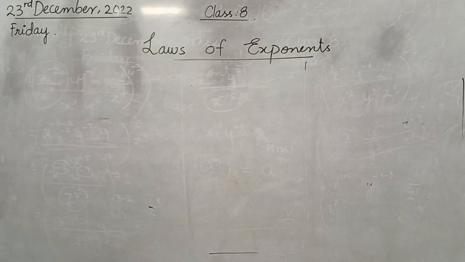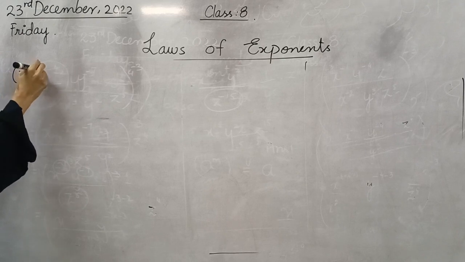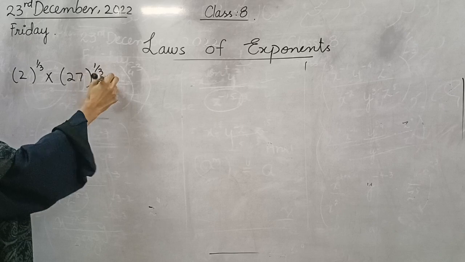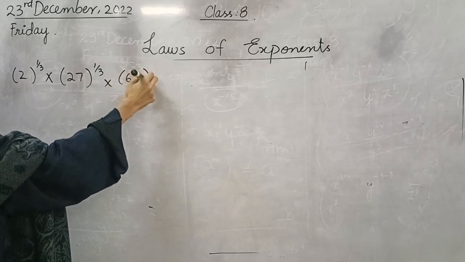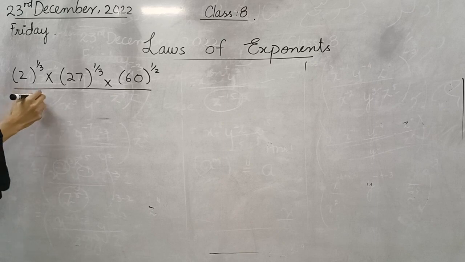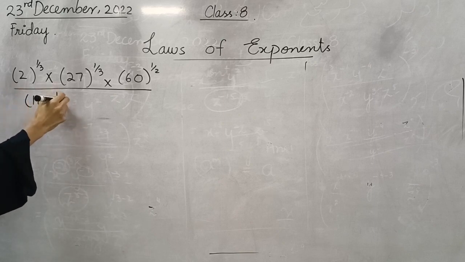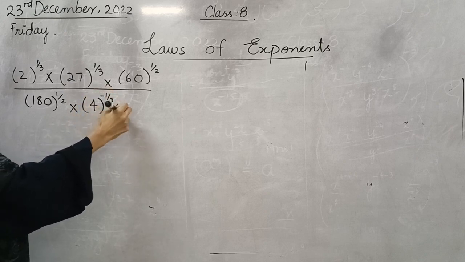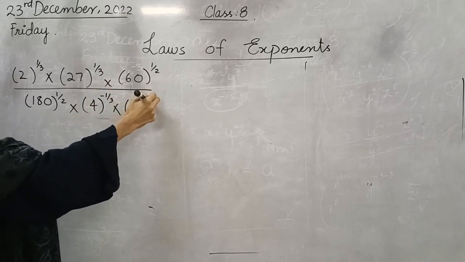I have a question: 2 raised to power 1 by 3 multiply 27 raised to power 1 by 3 multiply 60 raised to power 1 by 2 over 180 raised to power 1 by 2 multiply 4 raised to power minus 1 by 3 multiply 9 raised to power 1 by 4.